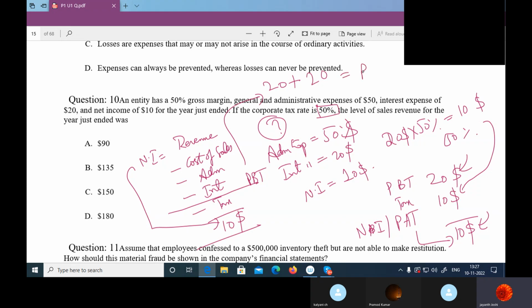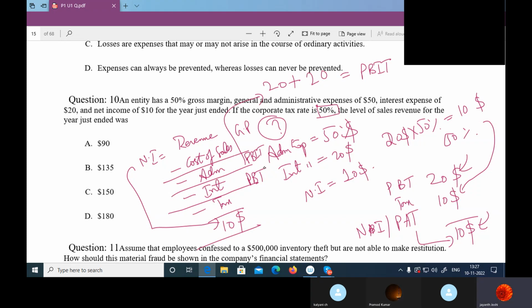So can I say this is PBIT, profit before interest and tax? Revenue minus cost of sales is gross profit, gross profit minus administration expense and all is PBIT. So have I reached PBIT? Yes, profit before interest and tax.